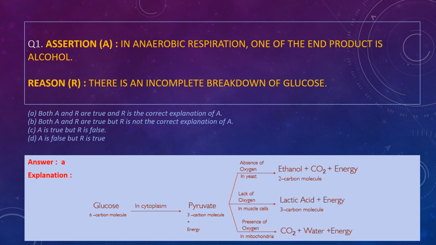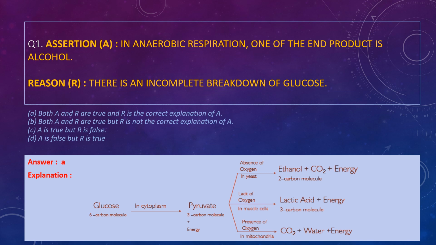Because we know that the breakdown of glucose takes 3 different kinds of routes. So glucose, a 6-carbon molecule in cytoplasm, breaks down into 2 molecules of pyruvate, which are 3-carbon molecules, and some energy. Now, based on how much oxygen is present, pyruvate takes any of the 3 pathways.